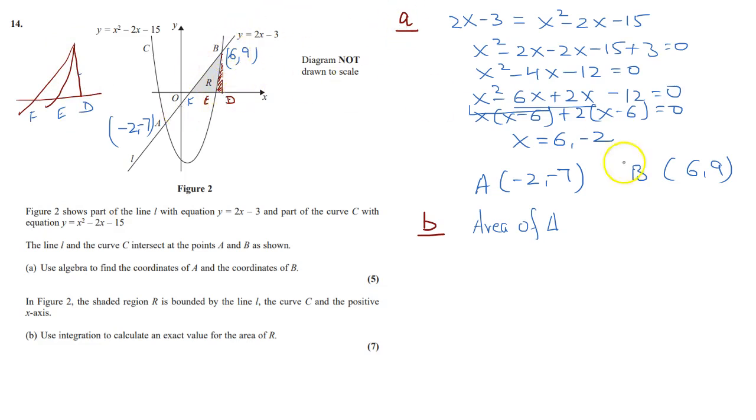So BFD is equal to half into base. Base is this, from F to D, into this height. The y coordinate of B is 9, so this height will be 9. Now how to find FD? This x coordinate is 6.